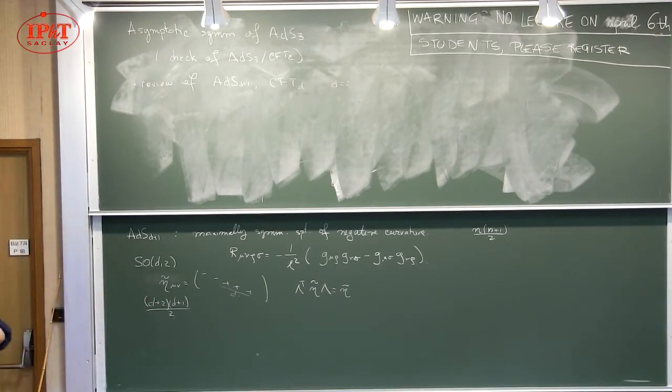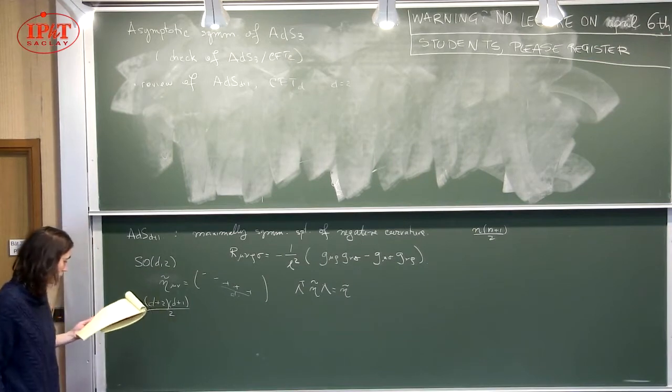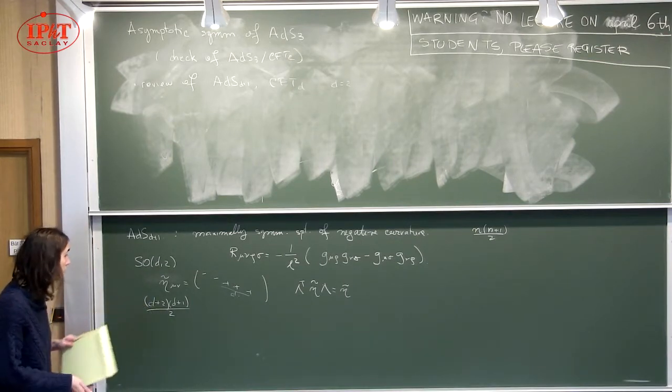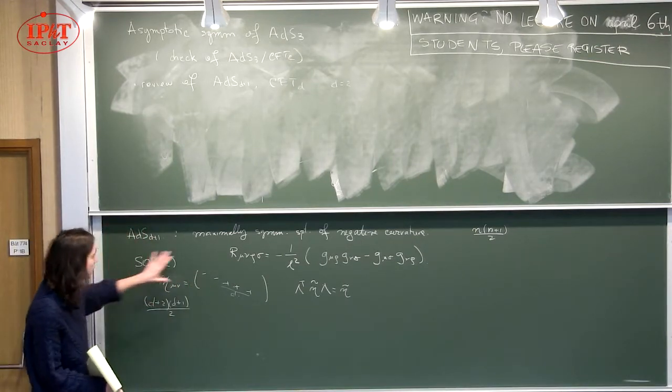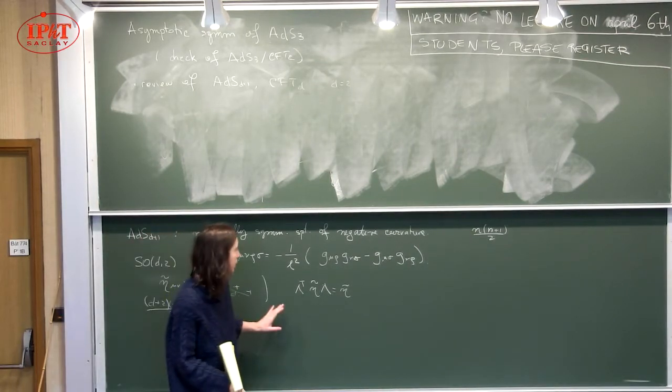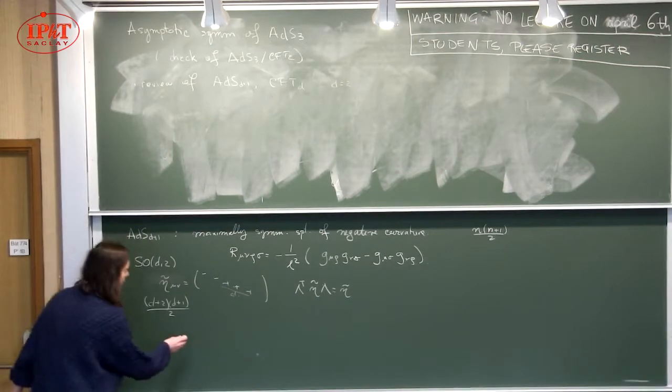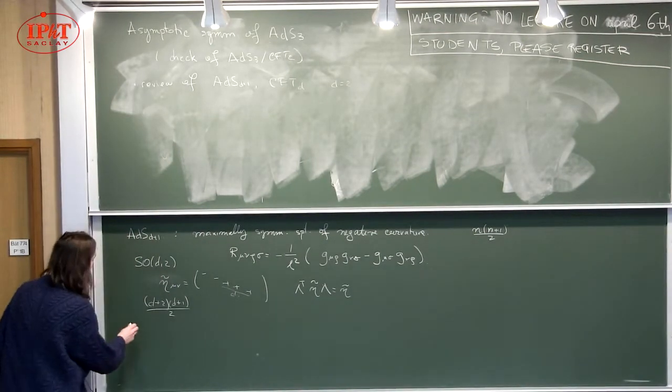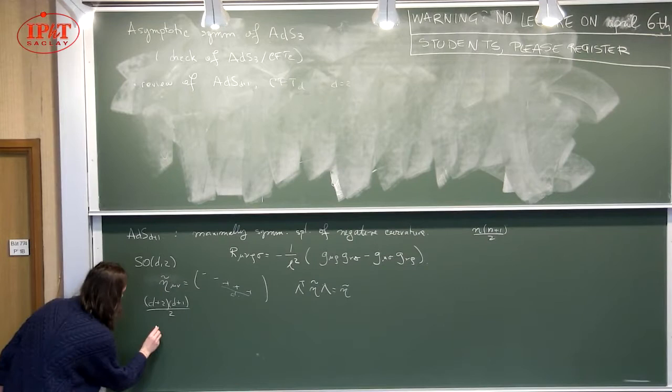Okay. So using this, the simplest way to define anti-de Sitter spacetime is by embedding it into something like Minkowski, though it's not actually Minkowski.